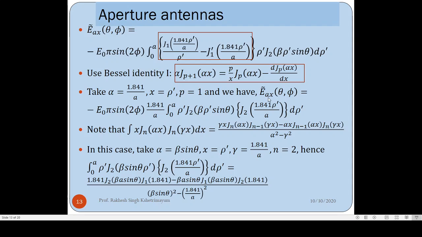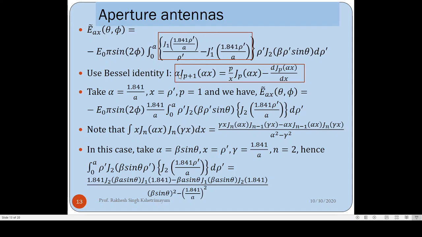In that case, we have the Fourier transform of EAX theta phi. This whole term can be replaced by this. Again you can compare this also. This looks like del by del x of J_p. P is 1, so J1 dash of alpha x, alpha is 1.84 by a, rho dash is x. So this term and this term are all the same, so we can just plug in this expression like this here.